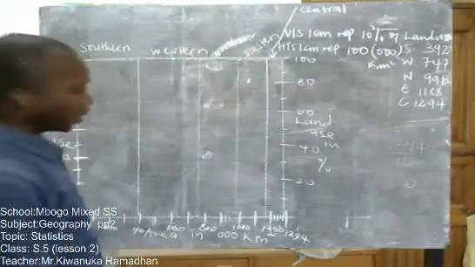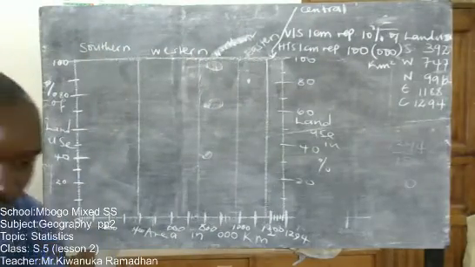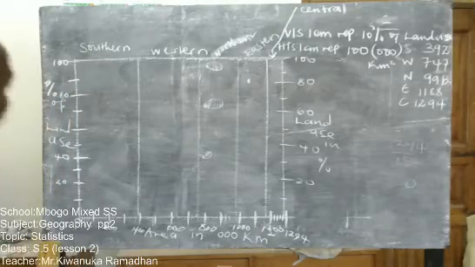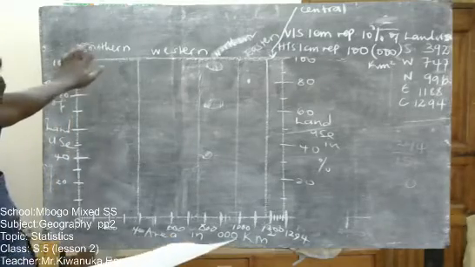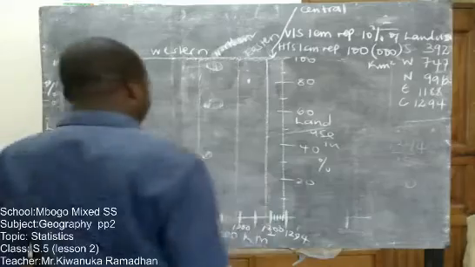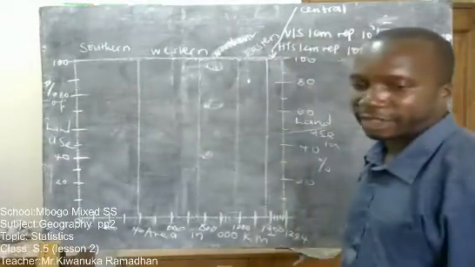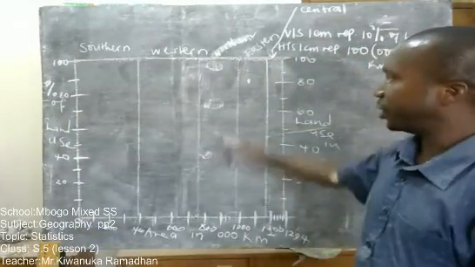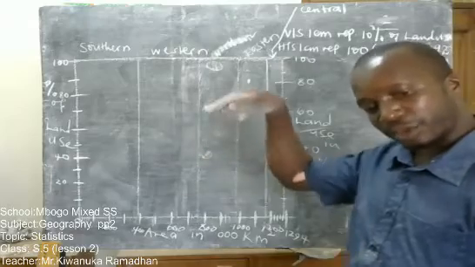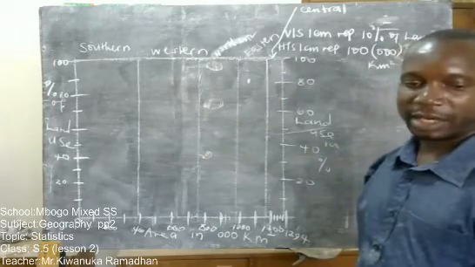That is central. Then what is remaining is for us to subdivide. You come to, for example, southern. What we have drawn is now the simple divided rectangle. This is the simple one, like the one that we saw in the previous lesson.